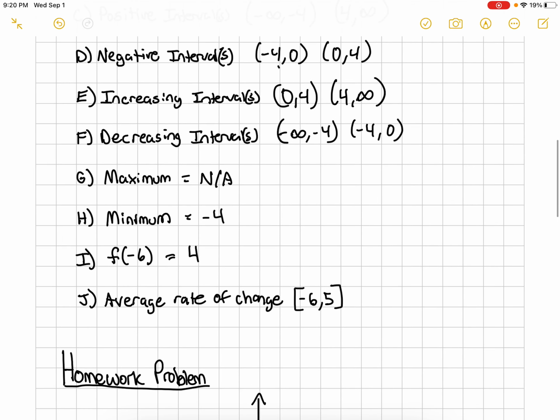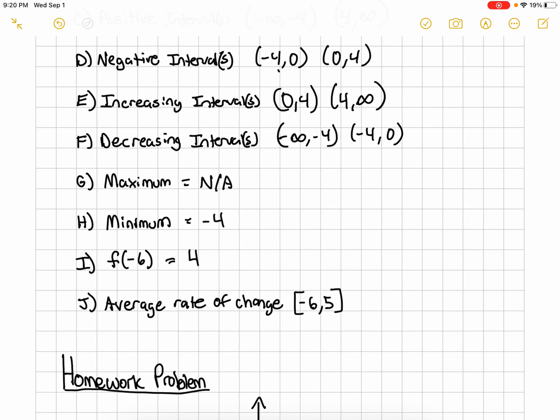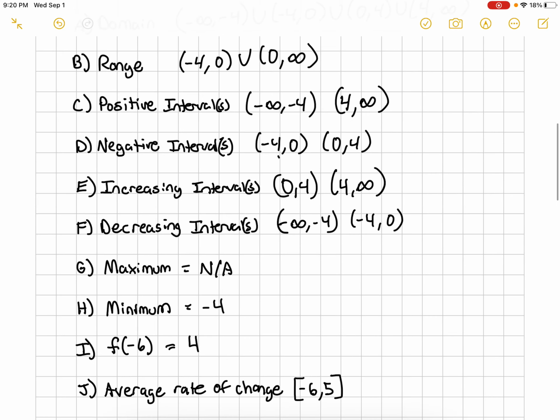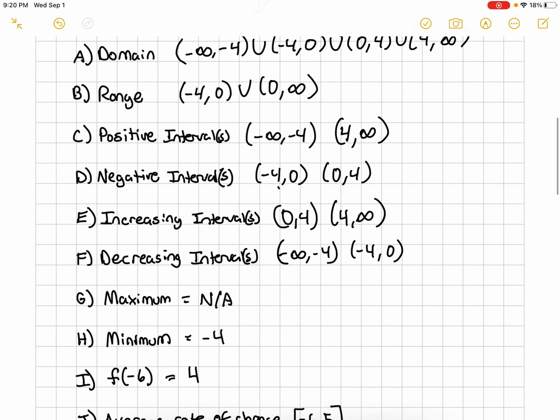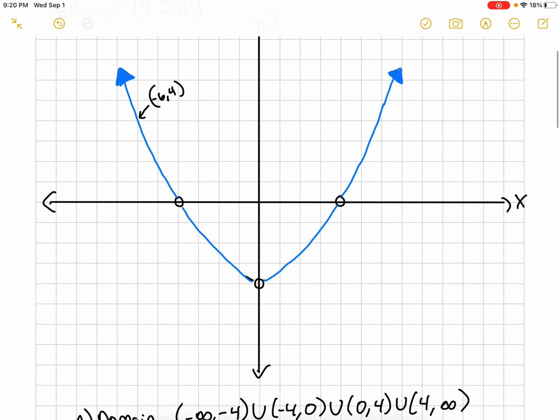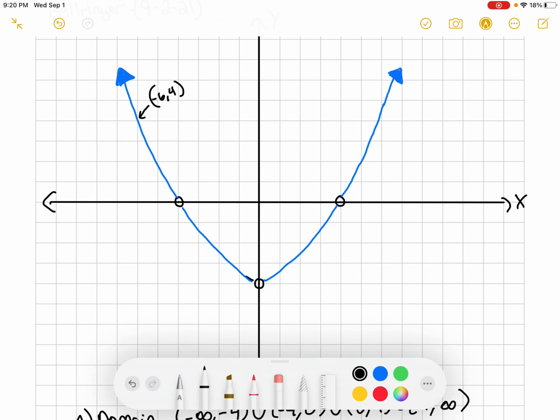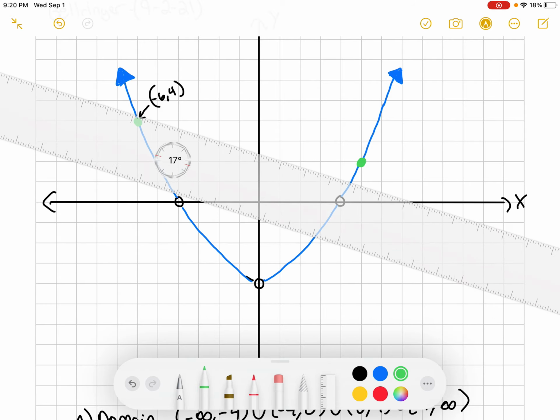And then let's find the average rate of change, or the average slope, from the interval negative 6 to 5. So we need to figure out, which we already found f of negative 6. There's green, right here. There's f of negative 6. Now we need to find f of 5. F of 5 would be here. And so we're going to find the slope from those 2 points.